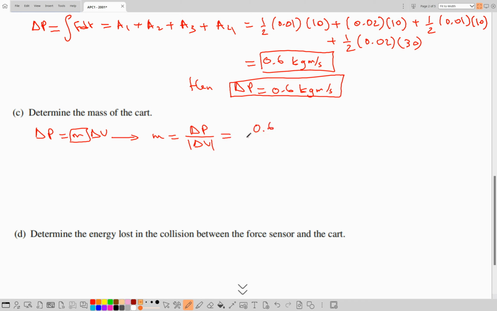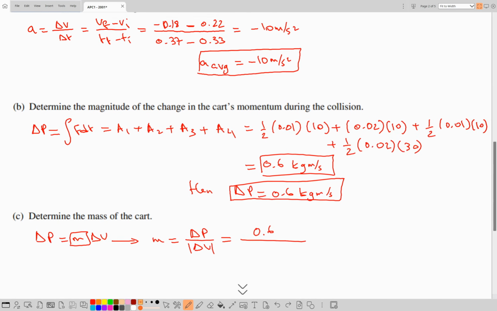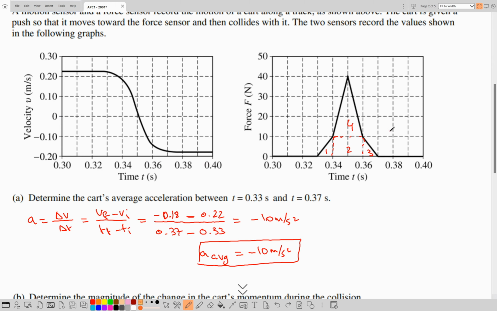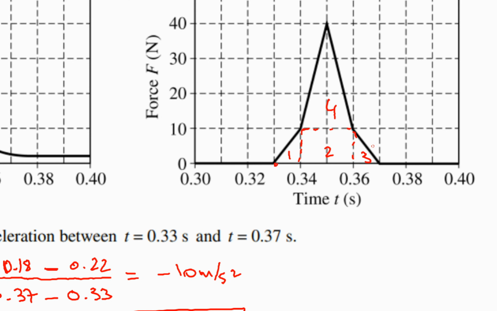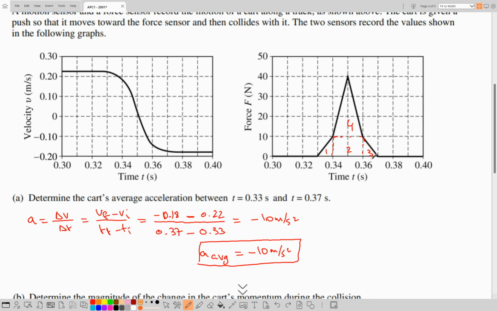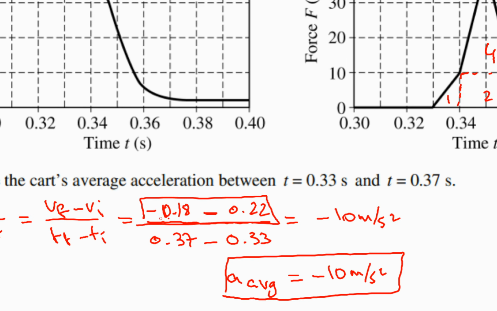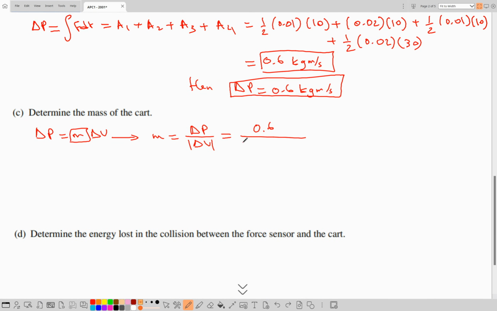Now delta p is 0.6, and the change in velocity during the same time interval, from 0.33 to 0.37, is the absolute value of minus 0.18 minus minus 0.22, which is 0.4. So 0.6 over 0.4 is equal to 1.5, and because everything is in SI, the SI unit of the mass is kg. Then the mass of the cart is 1.5 kg.